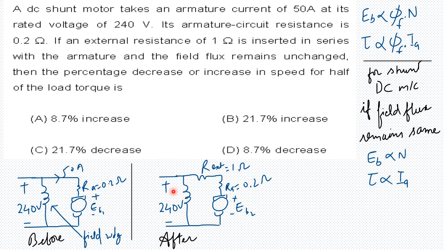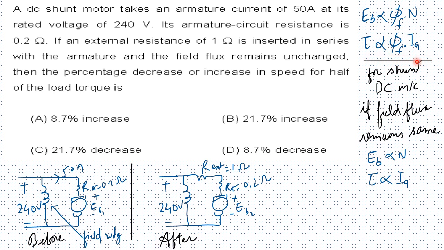Now to solve this problem we have to look into some relations. These relations are applicable for any kind of DC machine, where EB is proportional to the product of flux and speed of the machine, where phi f is the flux and N is the speed. The second relation is tau is proportional to phi f into Ia.